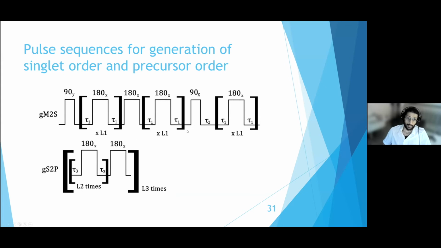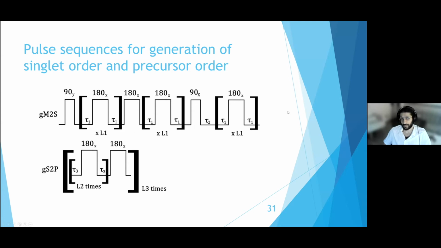And I'm going to look at the sequences that our group has worked on for the sake of time. And we've made these two lovely sequences. There is GM2S, that's generalized magnetization to singlet. And this does the wonderful thing of converting your ordinary magnetization to singlet order for a wide range of these inequivalence regimes. There's another sequence we made, which is GS2P. And this actually does something else.